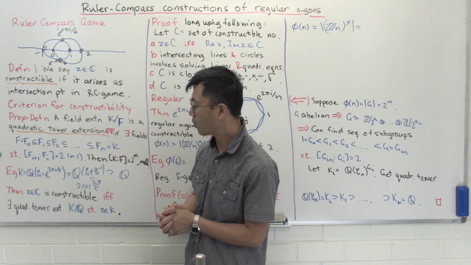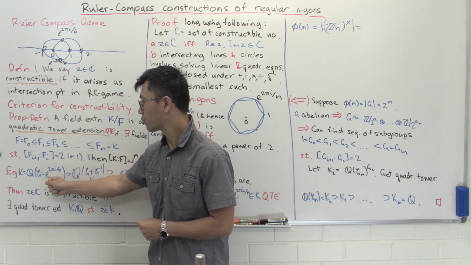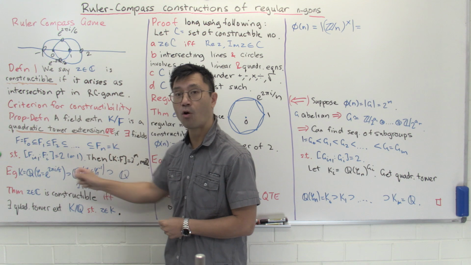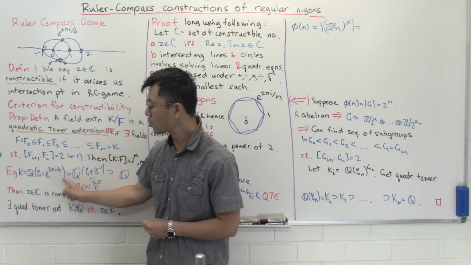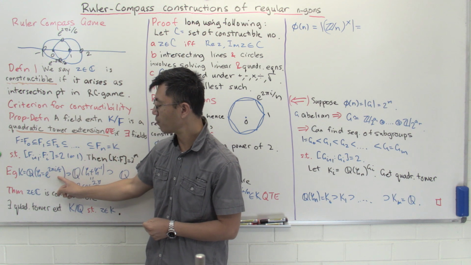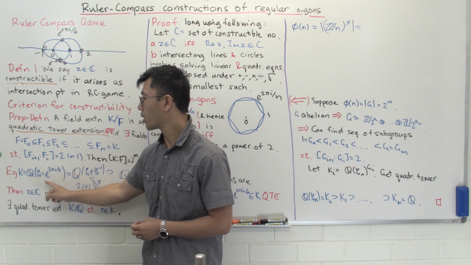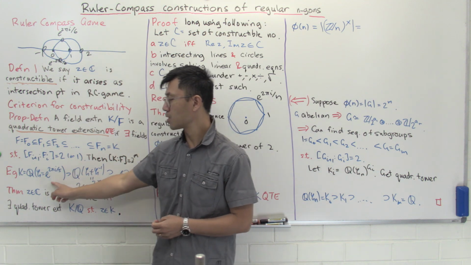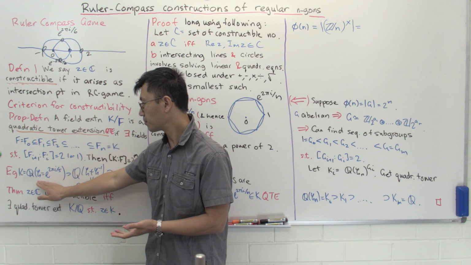It's quite easy to see why. So what's the degree of this over this? It's actually 4. This is something that we saw before. This cyclotomic extension, you're joining a primitive fifth root of unity. In fact, the minimal polynomial of this over Q is just x to the 4th plus x cubed plus x squared plus x plus 1.